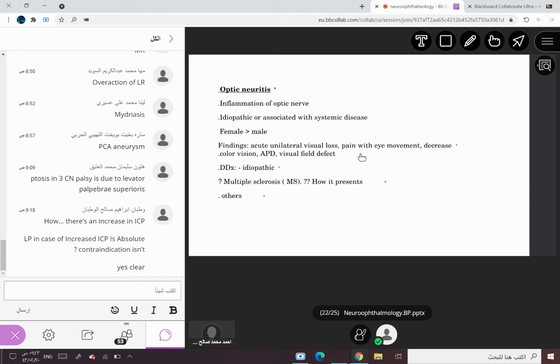And when you do neuroimaging, MRI with contrast, you will see the finding of optic neuritis, or enhancement of the retrobulbar part of the optic nerve.